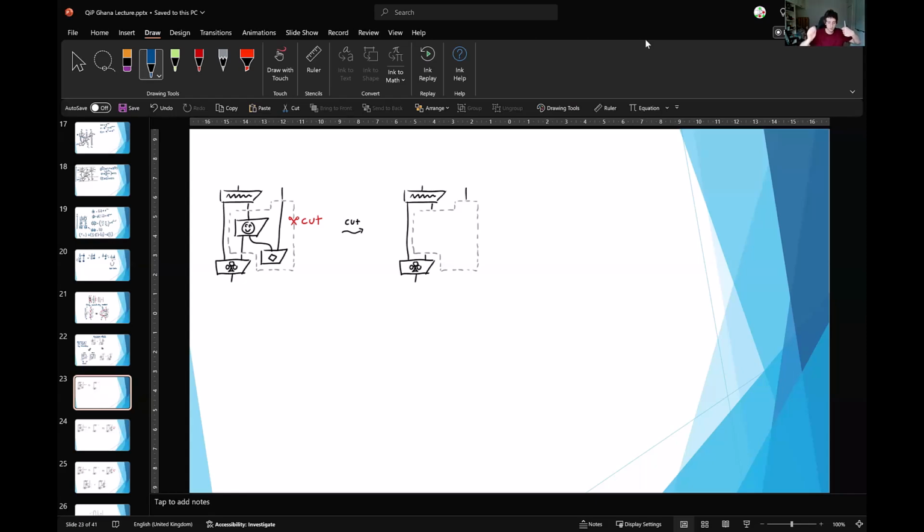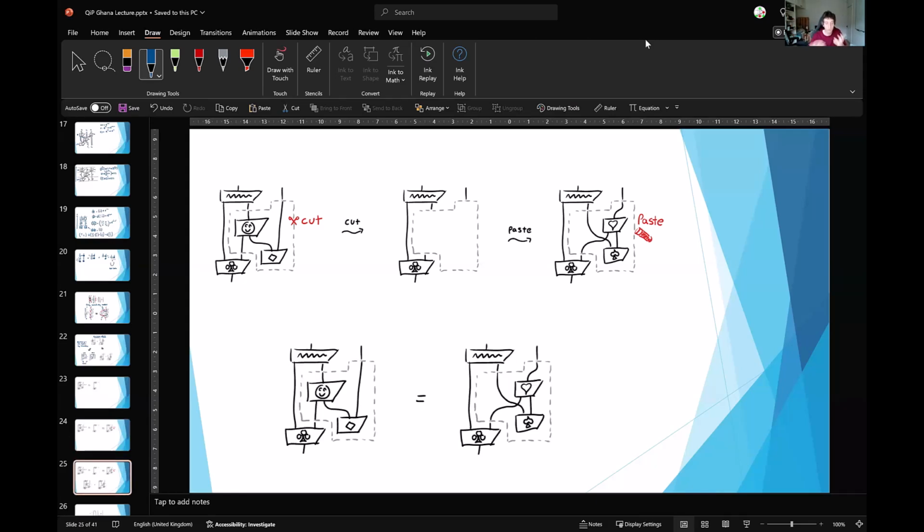You leave the hole there. You remember where it was. And then you paste the right-hand side of the equation in the same spot. Because equations have the same number of inputs and outputs, you'll be able to glue it back exactly as it was. You're going to just connect the wires as they were, but you get a different fragment of the diagram as a result. And the consequence is that you now get an equation between two larger diagrams.